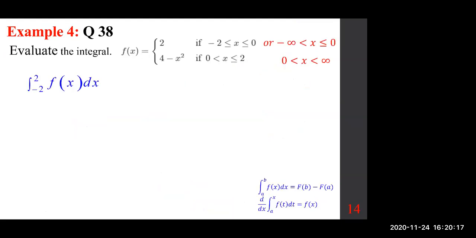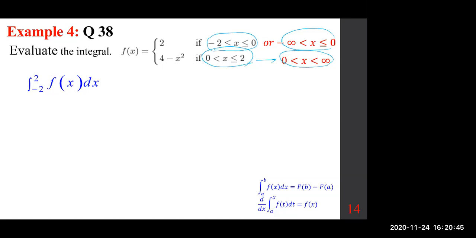Here's another example. We want to evaluate this integral. And by the way, if you look at the explanation here, if you have this one or this one as the domain, it makes no difference. I want you to know that. Because we are interested in the integral of the function from -2 to 2.